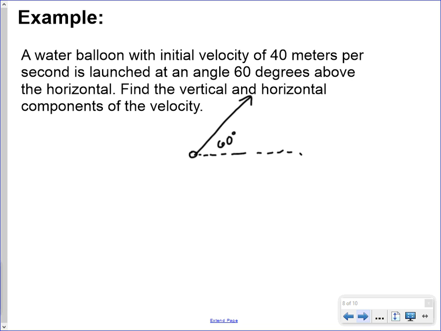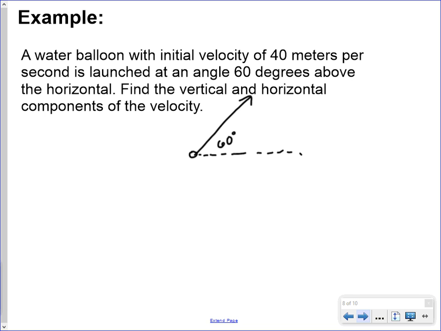What we're looking at is that its initial velocity is 40 meters per second, and we want to get horizontal and vertical components of that initial velocity. So think about the initial velocity as the magnitude for our vector, and then we're going to get the horizontal and vertical components of that. And we'll be using that tomorrow in a word problem where we calculate work that is being completed. So it's not necessary to think about a parabola here.